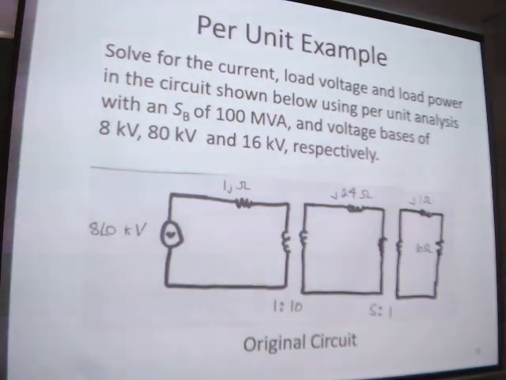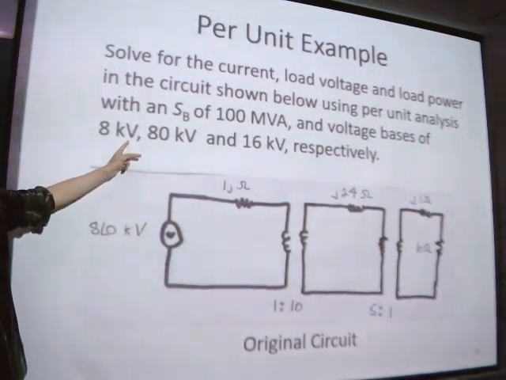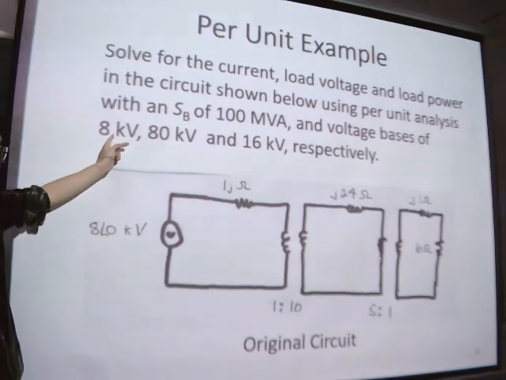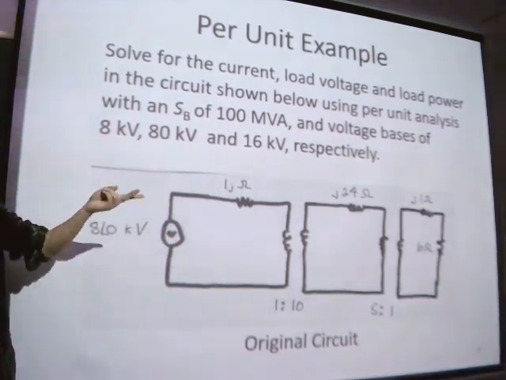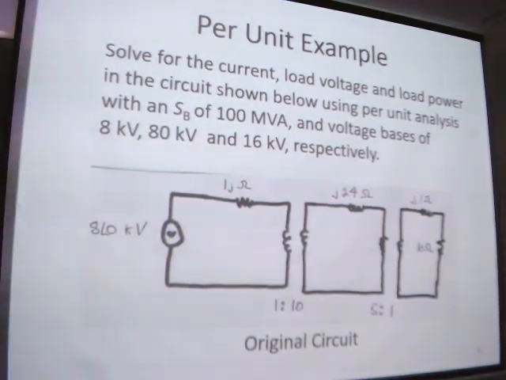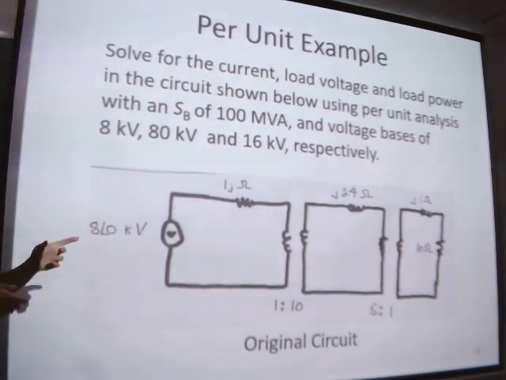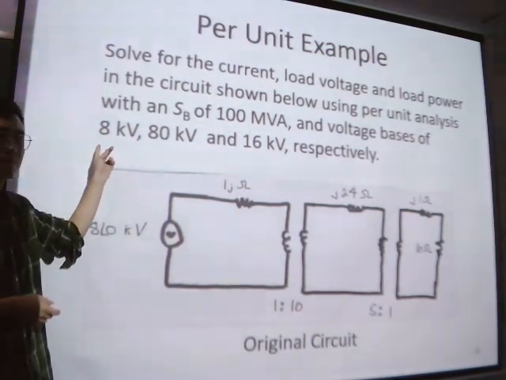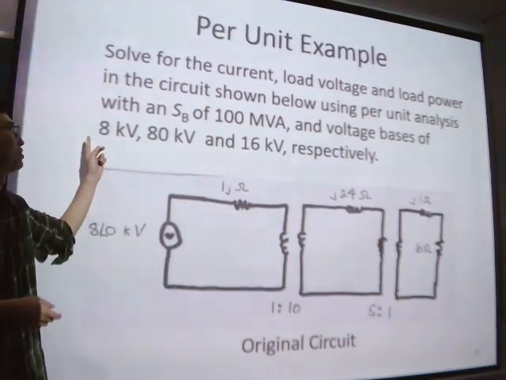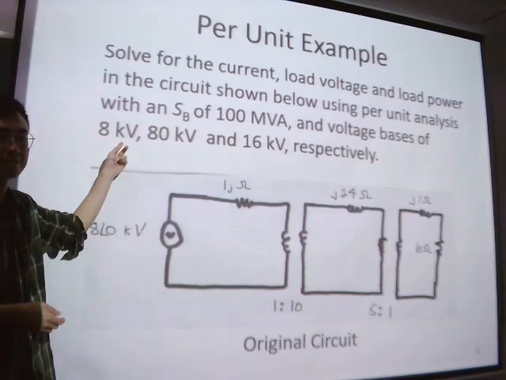Do you understand? 2 PU. The kV is the voltage base, so this is 1 per unit. So what is 2? Yes, perfect. You can just view the per unit like this: 2 per unit means 2 bases, and 3 per unit means 3 bases.